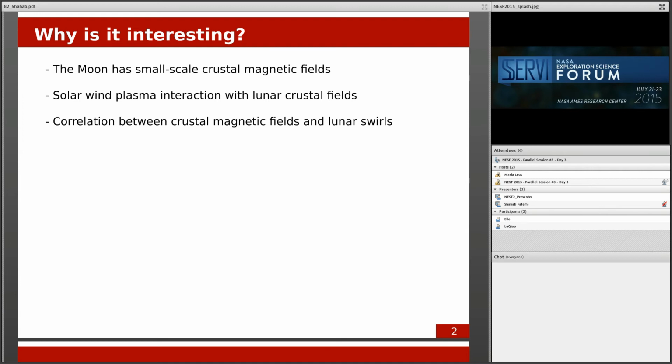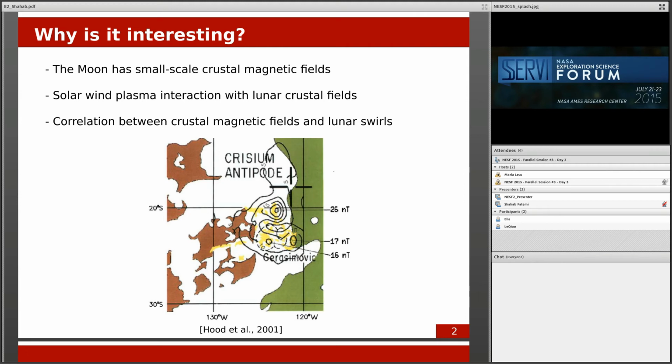Second, one of the proposed theories that discusses formation of lunar swirls explains a high degree of correlation between the presence of crustal fields and lunar swirls. Here, this figure from Hood et al. 2001 shows lunar cross-sector magnetic field observations of perhaps one of the strongest lunar magnetic anomalies, located at the Serenitatis antipode near the crater, known as the magnetic anomaly.